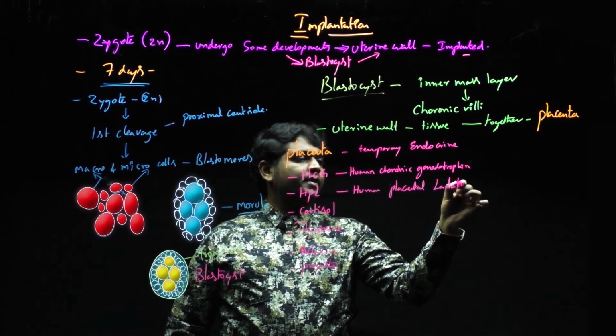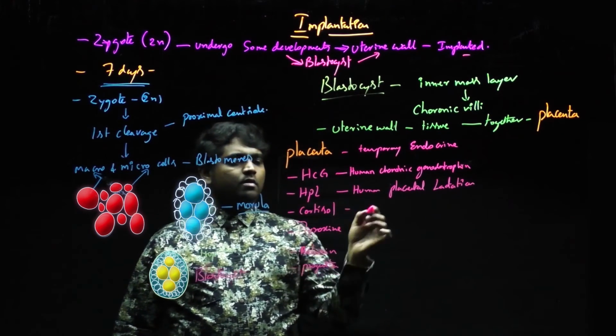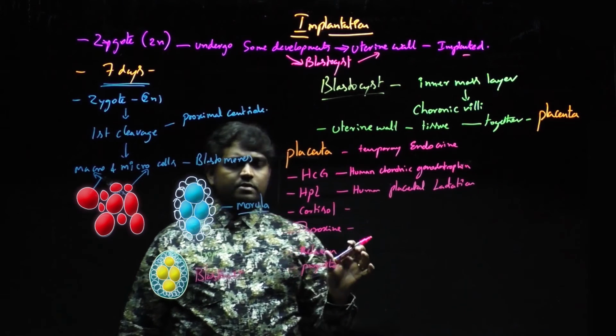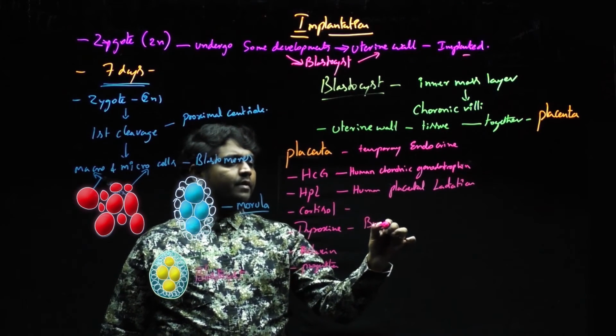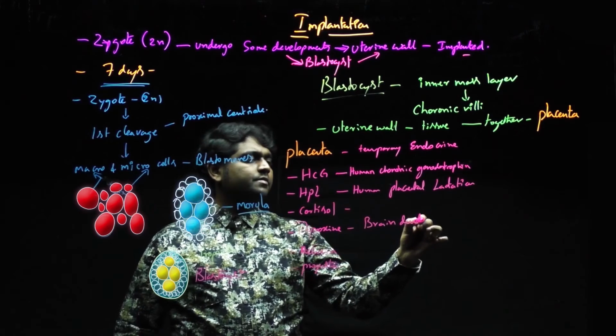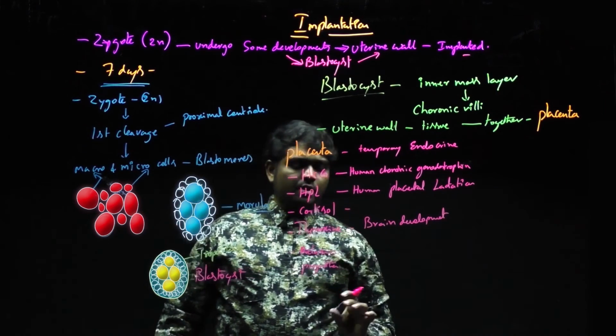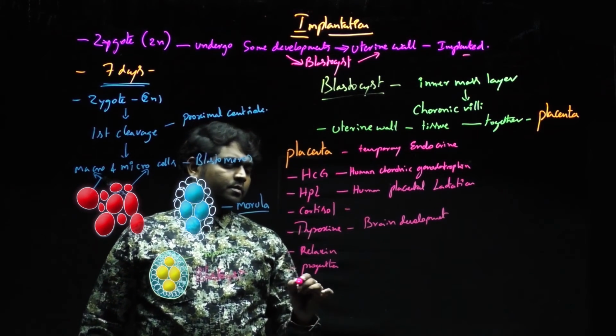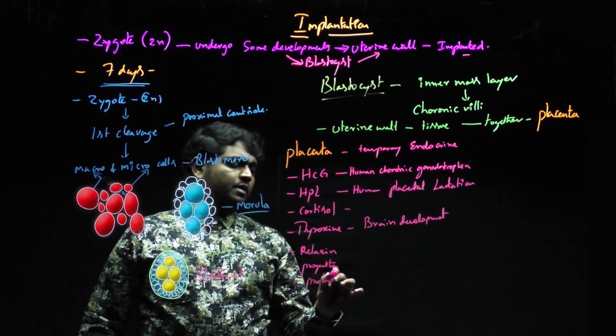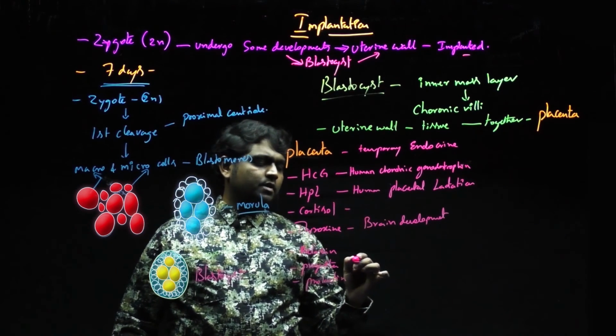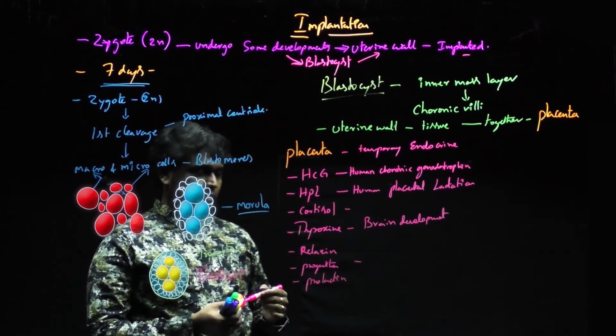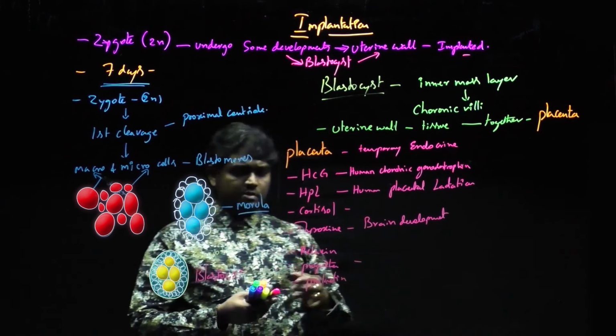This is also for feeding and lactation, and cortisol also supports, and mainly thyroxine is very important. Thyroxine helps in brain development, and relaxin, prolactin and others help in lactation and also at the time of parturition.